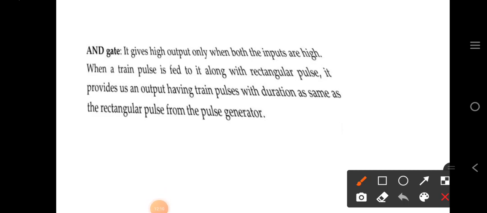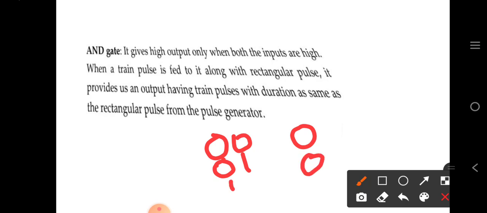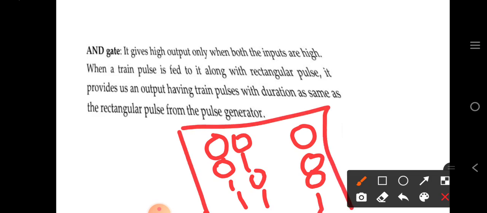So what is the function of the AND gate? If both are 0, then the output is 0. If one input is high, one is low, then the output is 0. If one input is low, the other is high, then the output is 0. And lastly, if both the inputs are high, then only the output is high. So the same function is applied here.